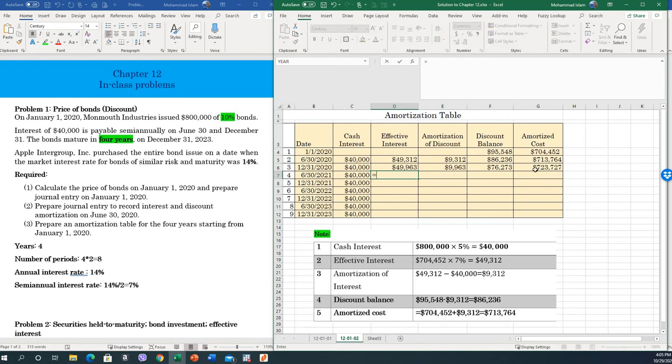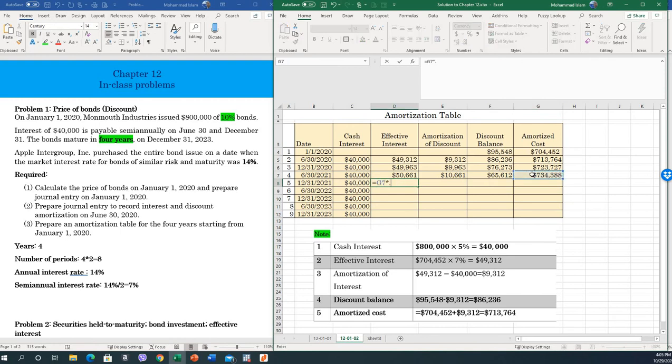Again, this amortized cost multiplied by 0.07, and the amortization of discount would be effective interest minus cash interest. Okay, so the discount balance would be the discount balance of the previous period minus this period's discount, and this is going to be this plus the discount amortization.